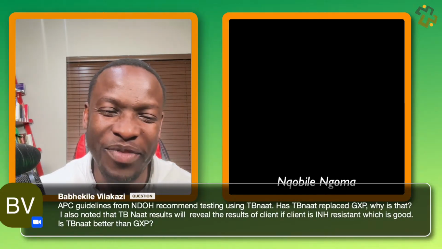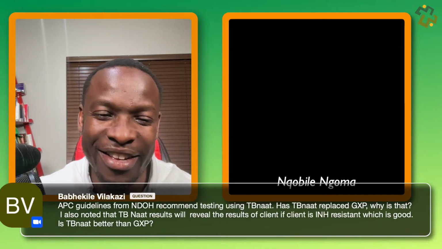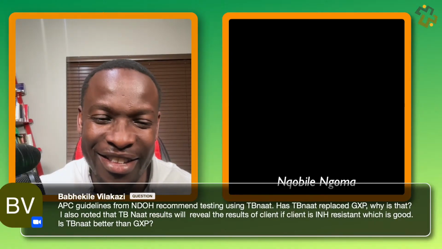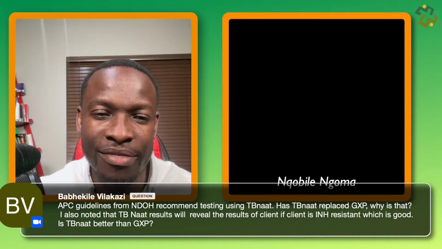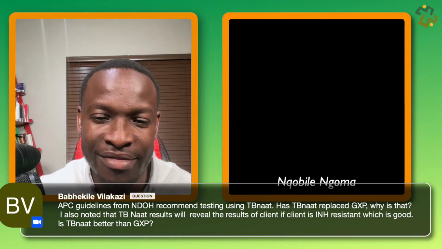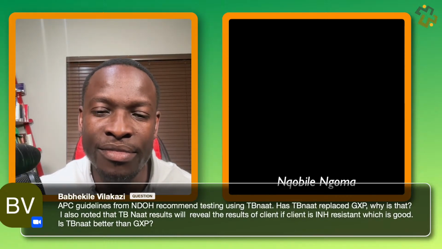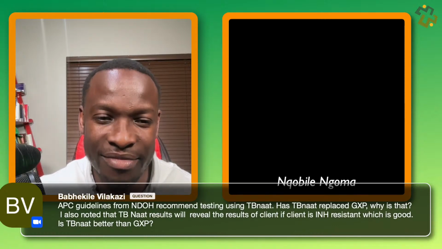We were introduced to GeneXpert before we were introduced to TB NAT. Now we are carrying on with the GeneXpert, even though sometimes we are referring to the TB NAT. But basically, TB NAT is the umbrella, and all other tests fall within it. It depends on what lab you are using and what machines they have within the lab that you are referring to.